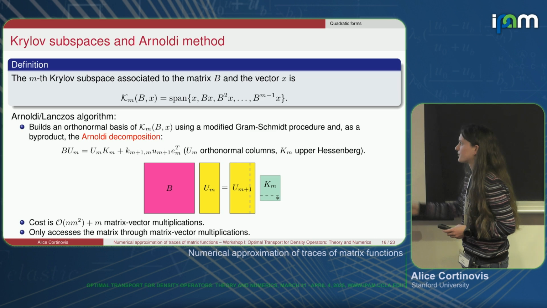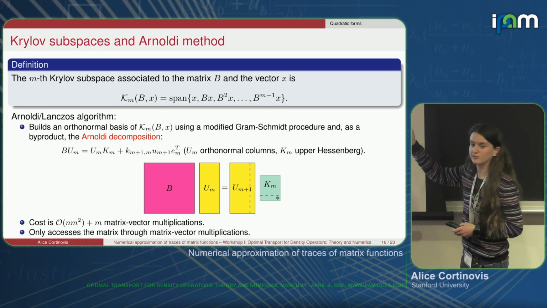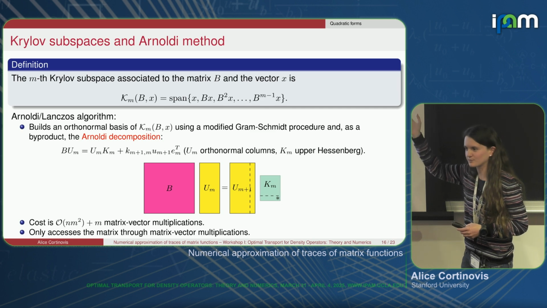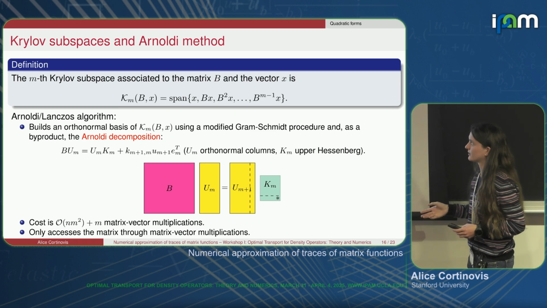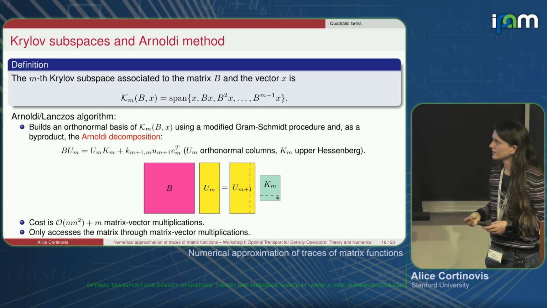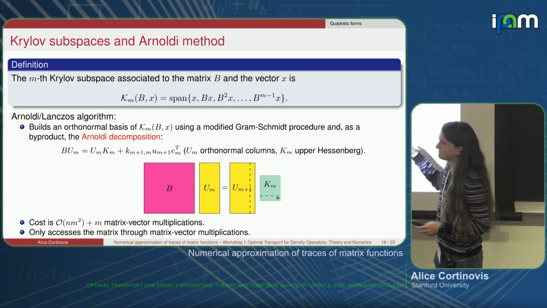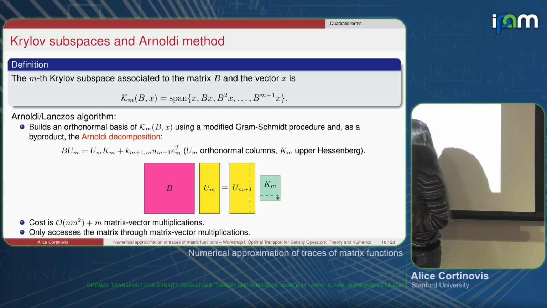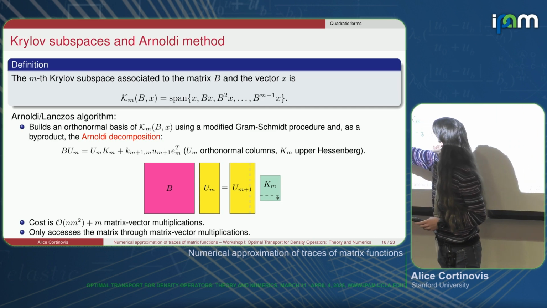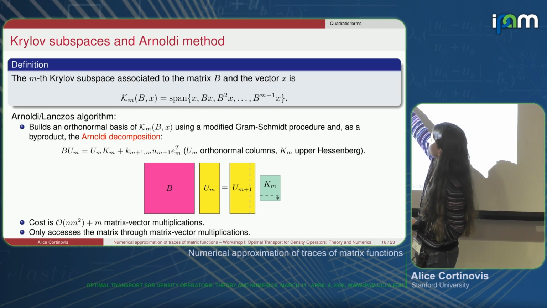And well, for symmetric matrices, you have the Lanczos algorithm, which builds an orthonormal basis of this subspace, which has dimension at most m, using basically a modified Gram-Schmidt procedure. And as a byproduct, you get a partial factorization, let's say. It's called the Arnoldi decomposition. So this V_m here is the orthonormal basis of that space.